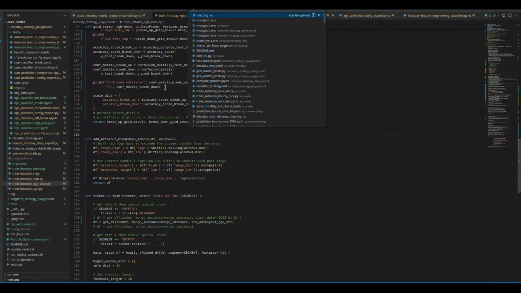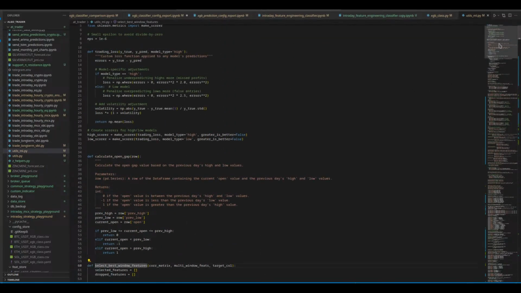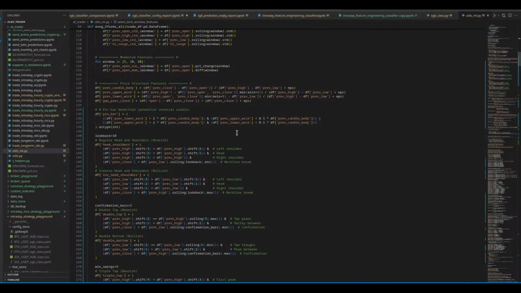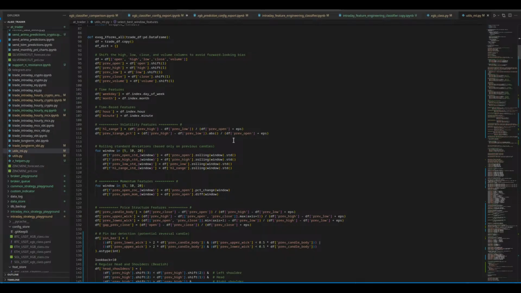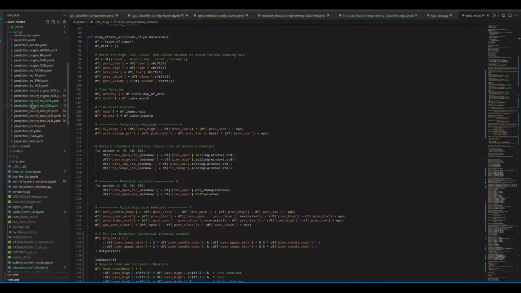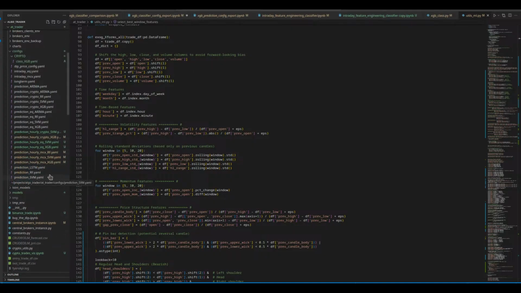Coming to the features, I've added over 150 features now, and on top of these features, I then run a feature selection based on correlation, and that is how I'm selecting my features.